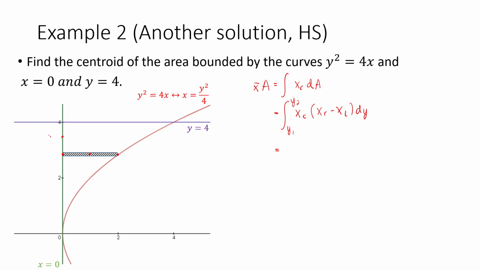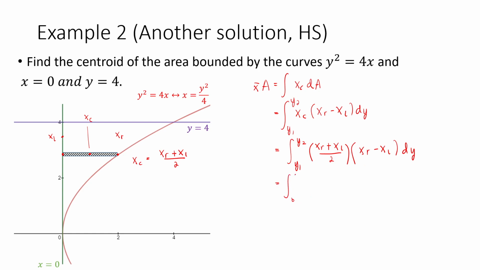So this one is our x left, this one is our x right, this one is our x sub c. So by the midpoint formula, x sub c is equal to x right plus x left all over 2. So this becomes the integral from y1 to y2 of (x right plus x left all over 2) times (x right minus x left) dy.